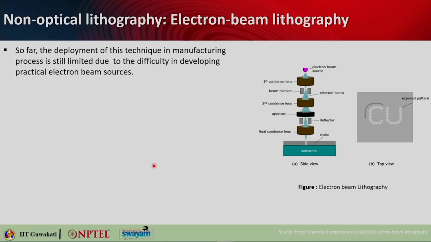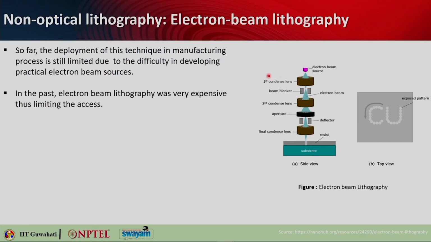So far the development of the technique in the manufacturing process is still limited. As I mentioned, it is due to the difficulty in developing practical electron beam sources. Getting this source is not that easy, and in the past electron beam lithography was very expensive and thus limited access.